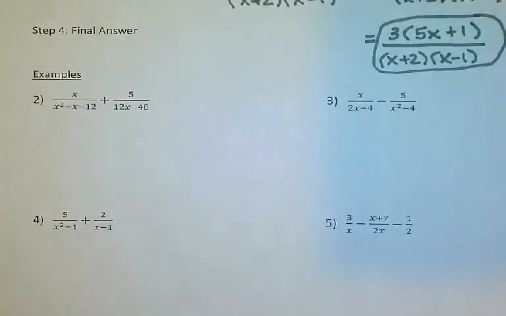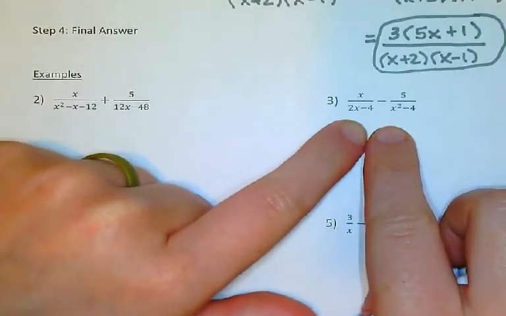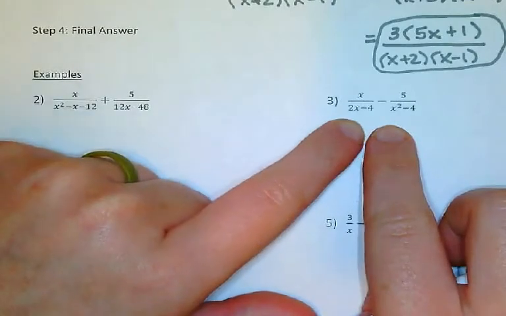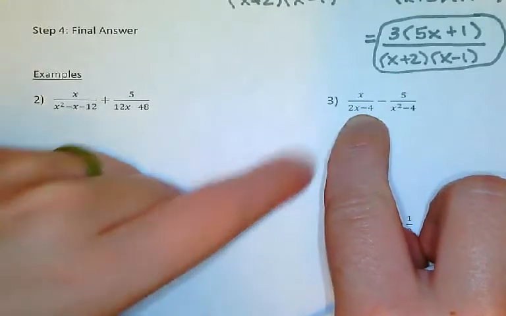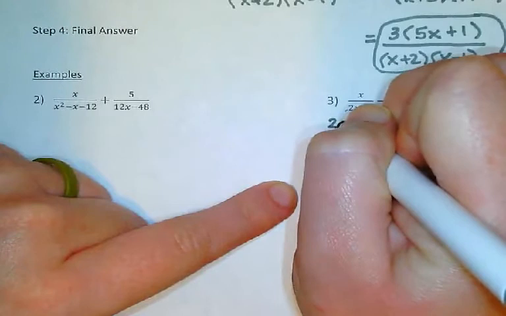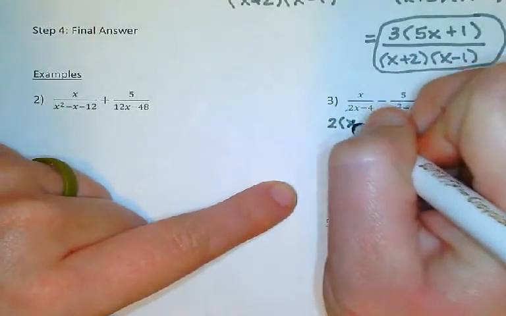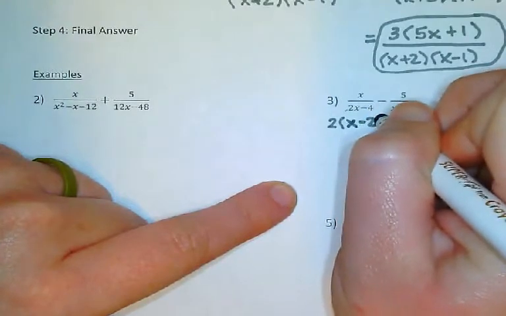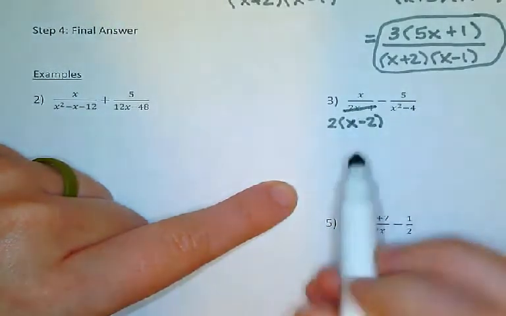Alright, so first thing that we want to do is get the common denominator. But in order to get the common denominator, remember we might have to factor. Alright, so this denominator, 2x minus 4, can factor by 2. They both have a 2 in common, which is going to give us just x minus 2 as our denominator there, instead of 2x minus 4.